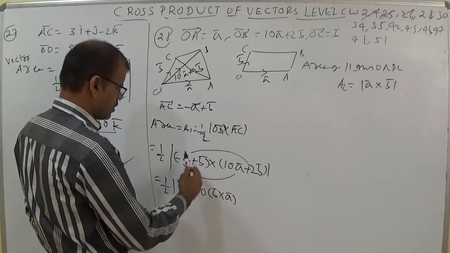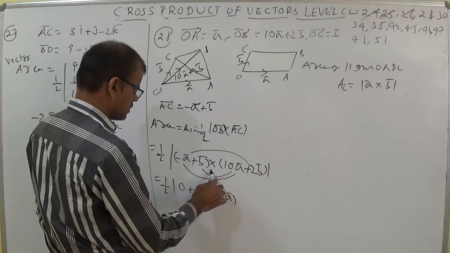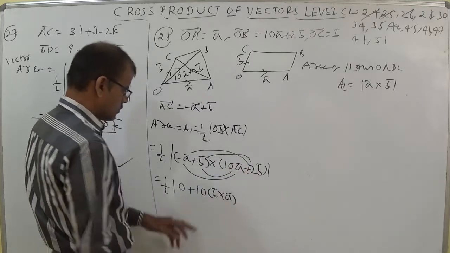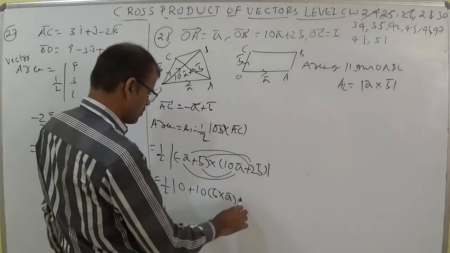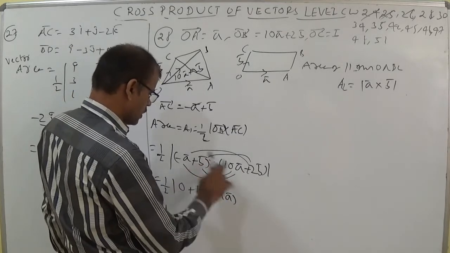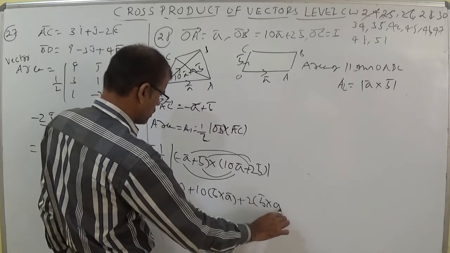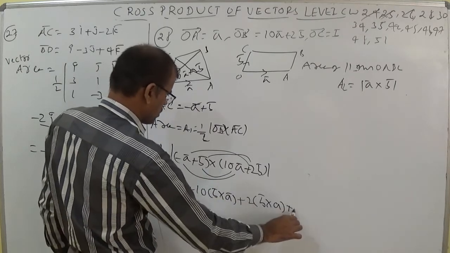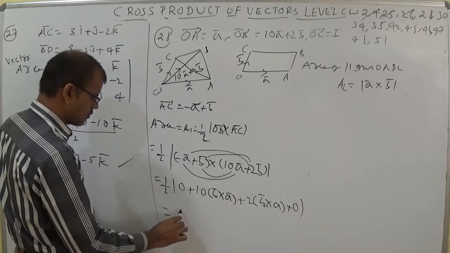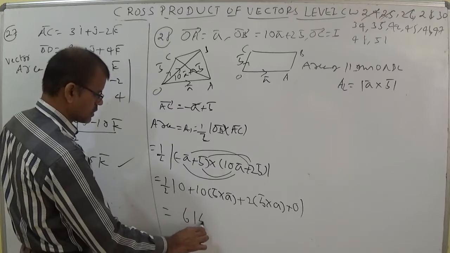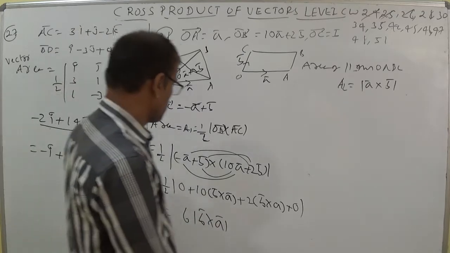Next, a cross a is completed, b cross a is completed. Next, a cross b becomes minus 2 a cross b, then you can write simply 2b cross a. Later, b cross b becomes 0. Now you can write 10 plus 2, 12, 12 by 2, 6. 6 modulus of b cross a.